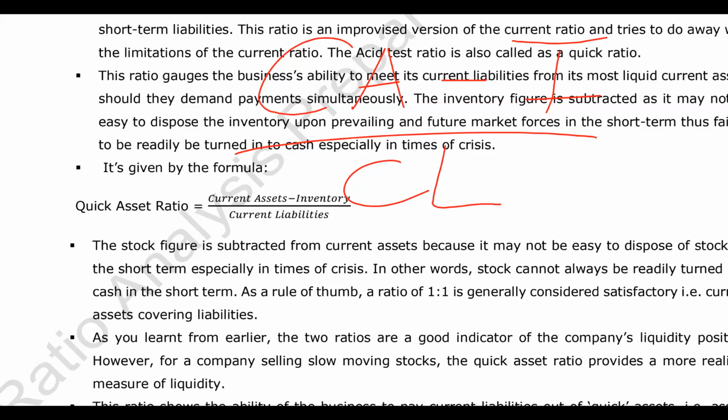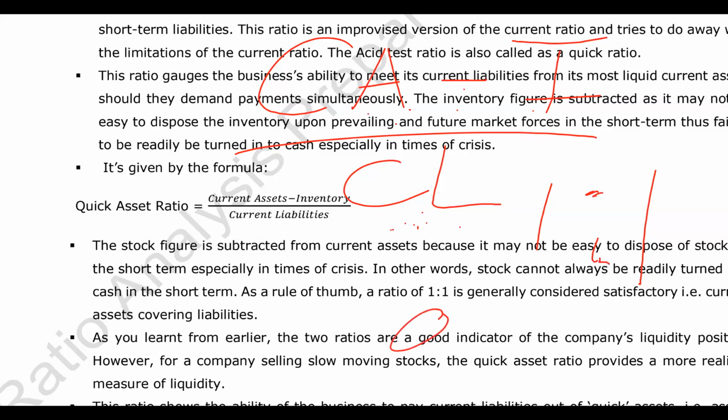It has the same message, but the rule of thumb is a 1-to-1 ratio, which means if current liabilities can just be covered by current assets minus inventory at once, it's still okay. Even if they are equal, current assets equaling current liabilities after removing inventory, then we are still fine. So the benchmark is 1-to-1.